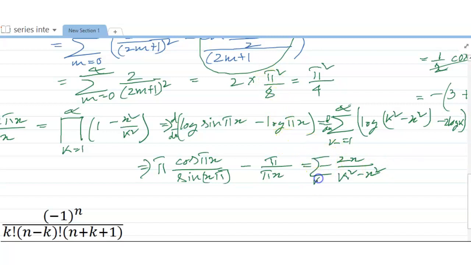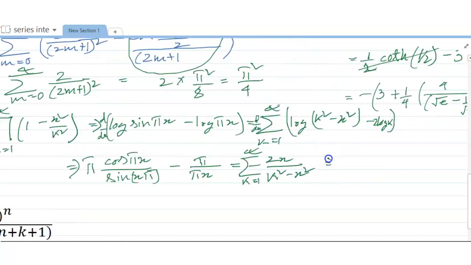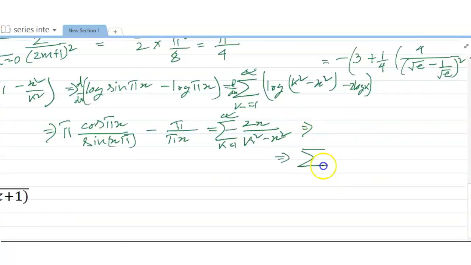It can be written as the summation from k equals 1 to infinity of 1 by (k square minus x square) equals 1 by 2x square into (1 minus pi x cot pi x)... divided by 2x. This is the formula, friends.